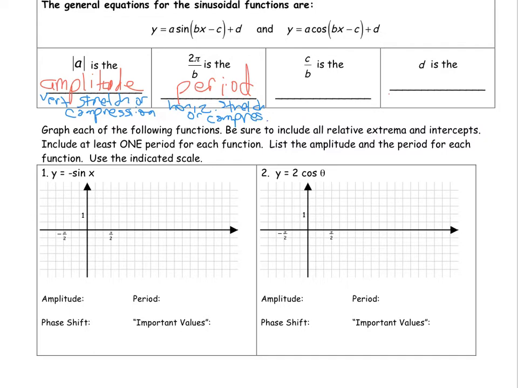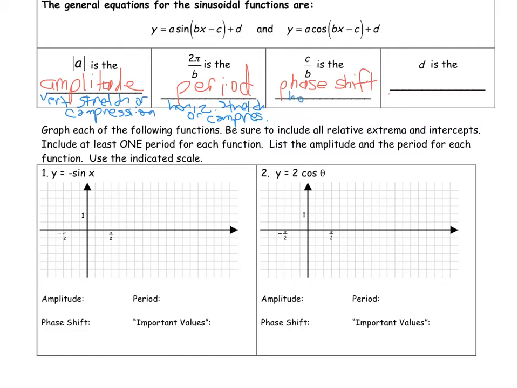C over B is your phase shift. If you took academic math 3, you didn't really focus on the phase shift at all. Phase shifting can get very confusing for students, and it wasn't really necessary until you hit pre-cal anyway. If you took honors, though, you were exposed to it. The phase shift, of course, is your horizontal shift left or right, along with a horizontal stretch or compression possibly combined in with it.